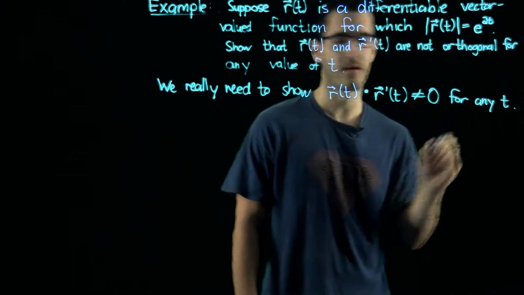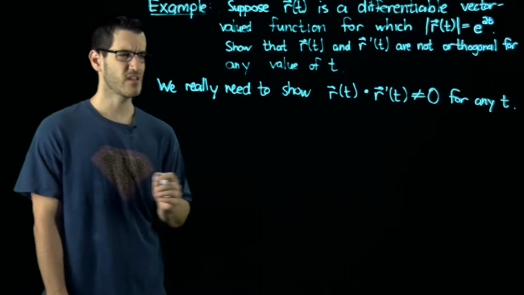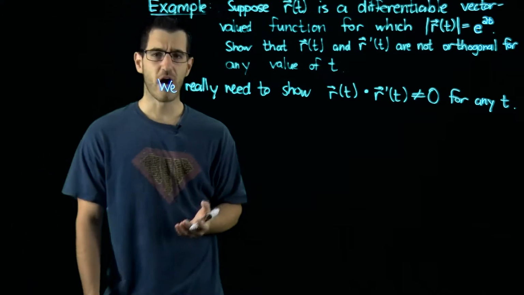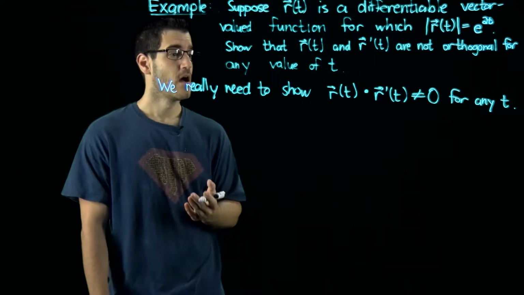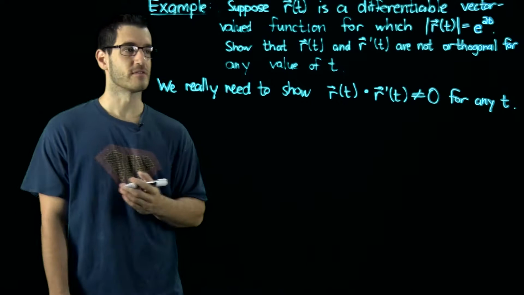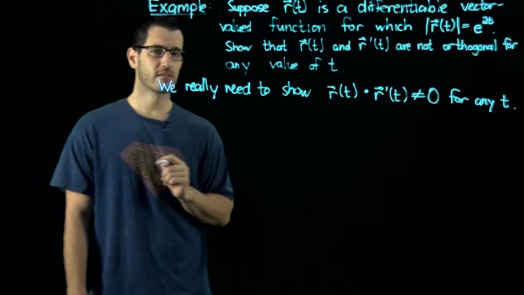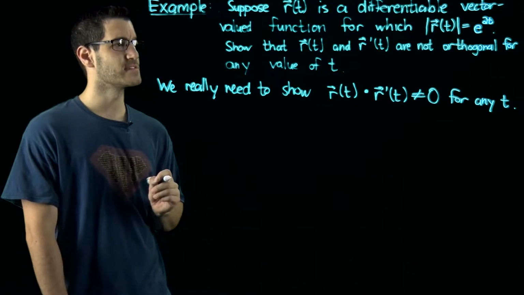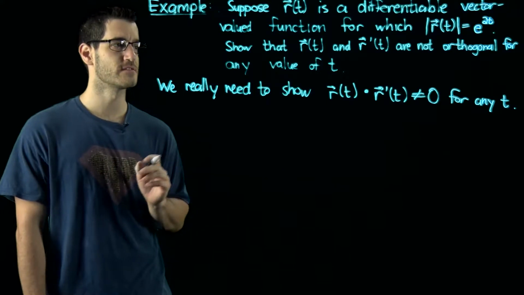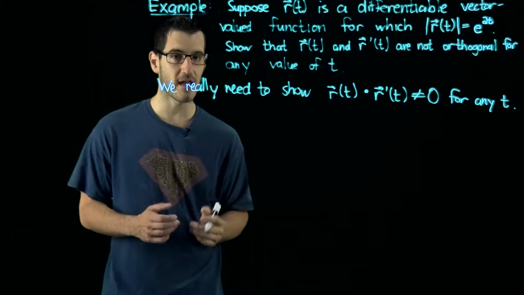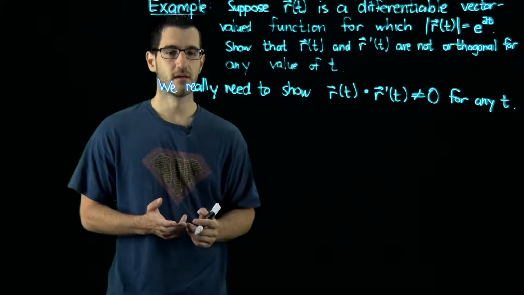Or we don't get 0 for any time t. So we have to get a dot product involved here somehow. And we need to get a derivative involved somehow. So the trick to this problem is actually realizing that the magnitude of this vector is actually somehow related to taking a dot product.